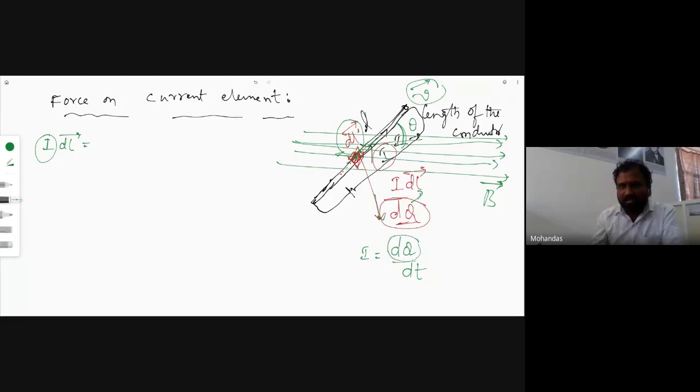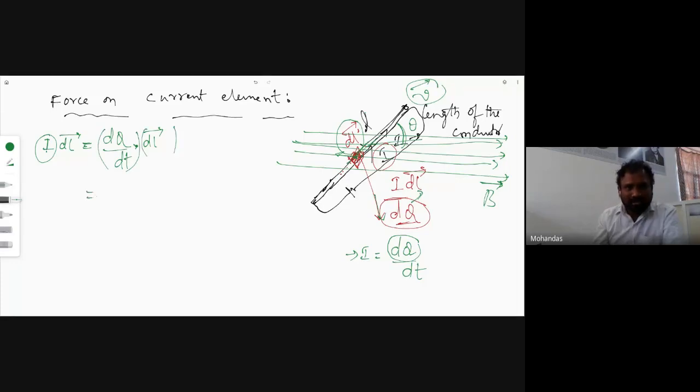So can I write the current Q by T, which is equal to dq by dt. So from this current equation, I am replacing I with dq by dt into L, not cross product, only into L.